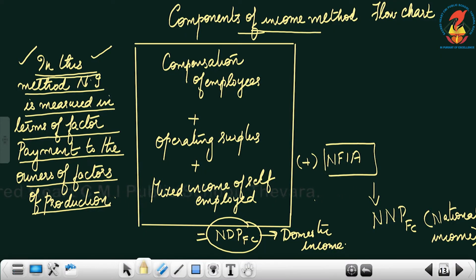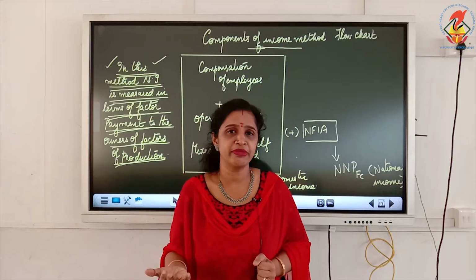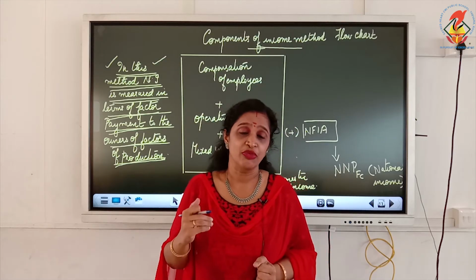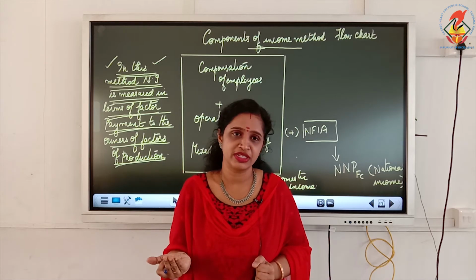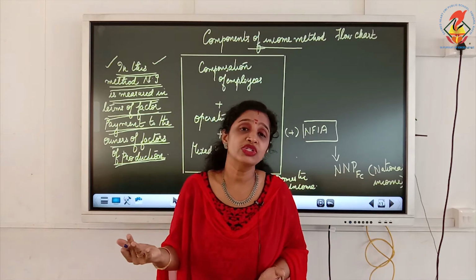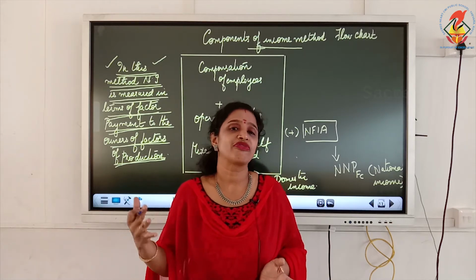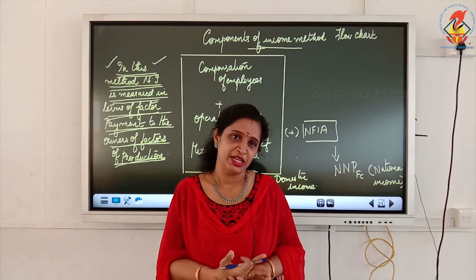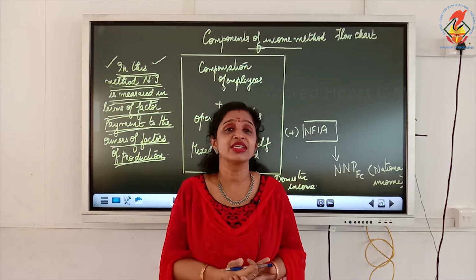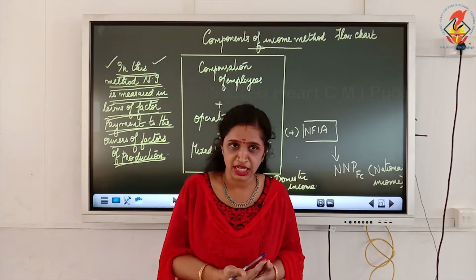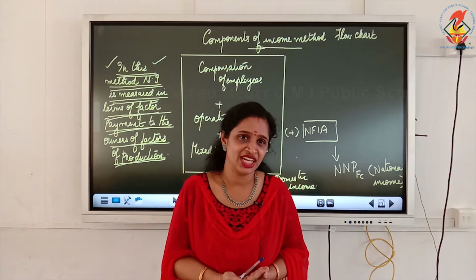In this method, national income is measured in terms of factor payment to the owners of factors of production. Factor payment, labor, wages is a factor payment which is given to the owner. Who is the owner? Labor. For labor we need to give wages. So factor payment and factor income. On the basis of factor payment or factor income, we calculate national income.